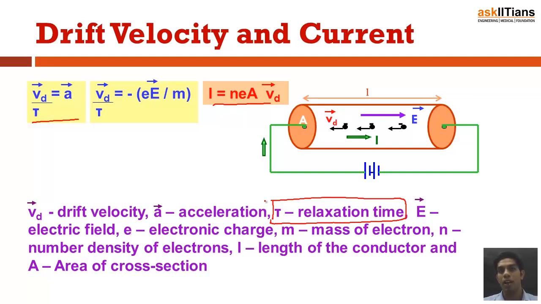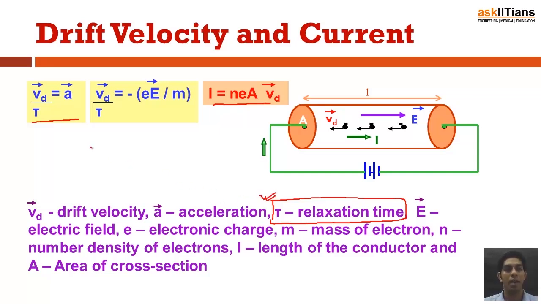When an electron moves inside a conductor, it collides either with other electrons or with the atoms. The time between two successive collisions is known as the relaxation time. Let's say Vd is the average velocity between those two successive collisions, and the time t between those two successive collisions is the relaxation time.